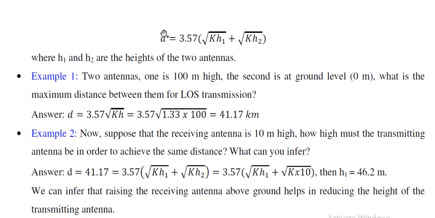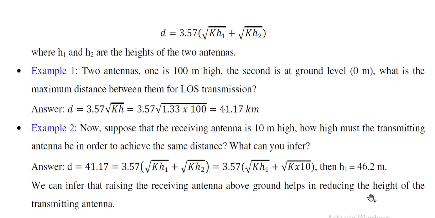We want to get the same distance, which is 41.17. Here we have the distance and we have h2. We want to find the height of the first antenna. So d is equal to 41.17, same thing. We plug in all the values except for h1, and we can deduce h1. Instead of 100 meters, we can bring it down to 46.2 meters. So we infer that raising the receiving antenna above ground helps in reducing the height of the transmitting antenna.